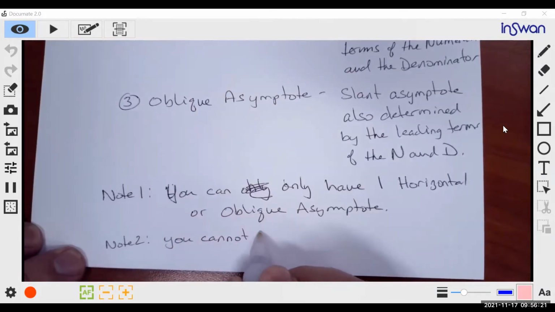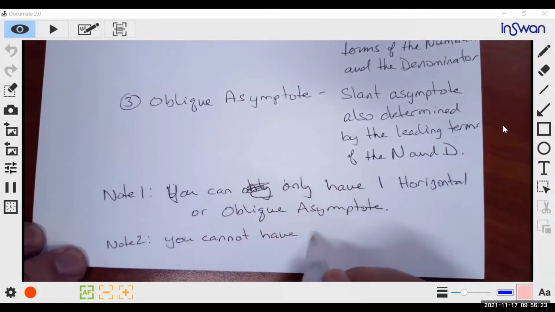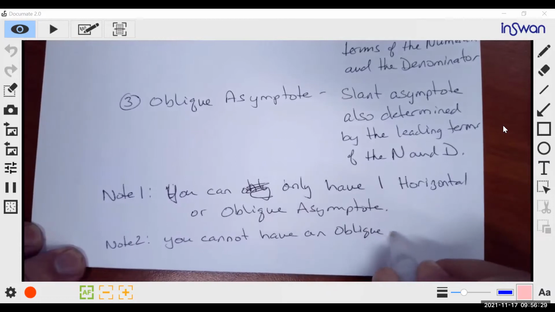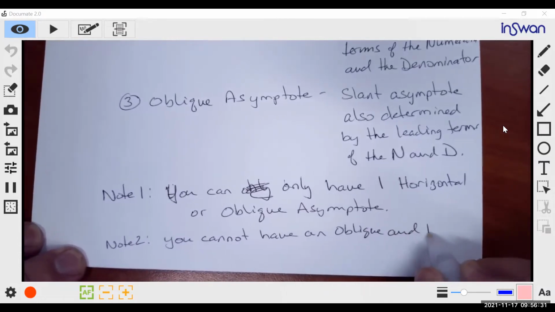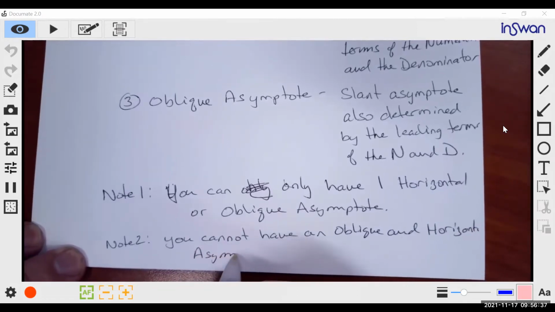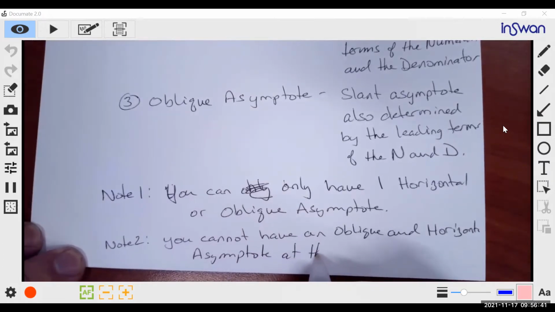You cannot have an oblique and horizontal asymptote at the same time.